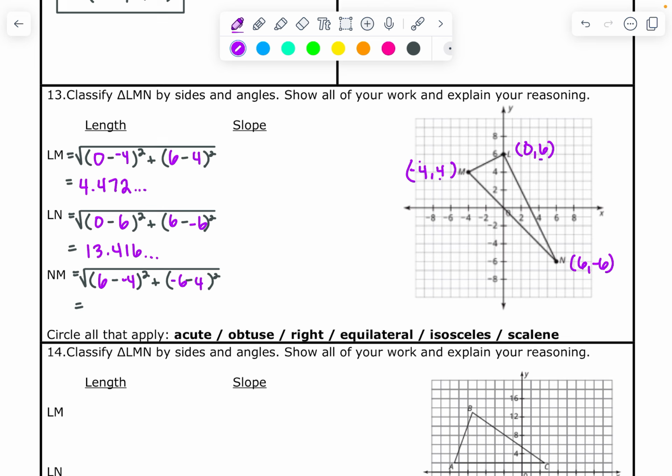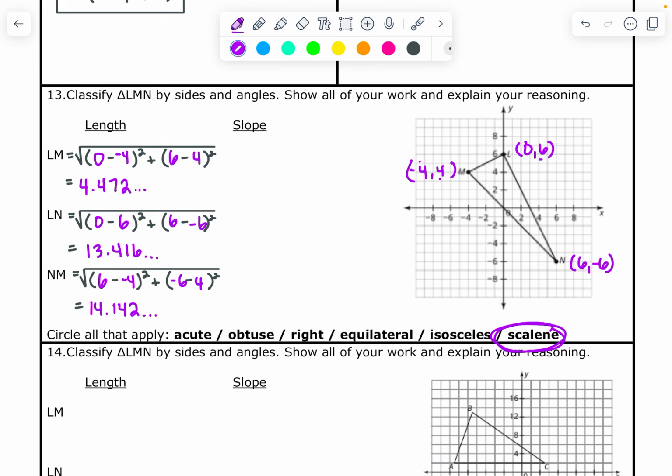Oh, I didn't put a plus sign. Okay, there we go. 14.142, and so on. So we can see that this is scalene. All the side lengths were different. It's not isosceles, it's scalene.